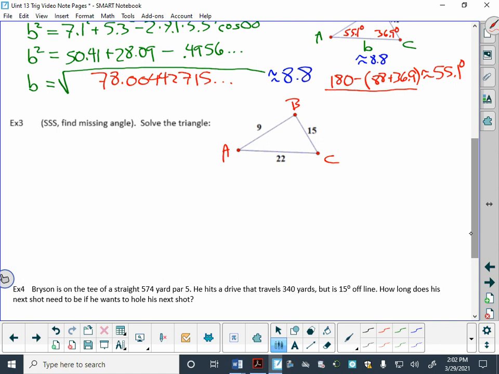And verify, first of all, that 9 plus 15 is bigger than 22, just barely, it's 24. Okay, so this is actually a triangle that exists.